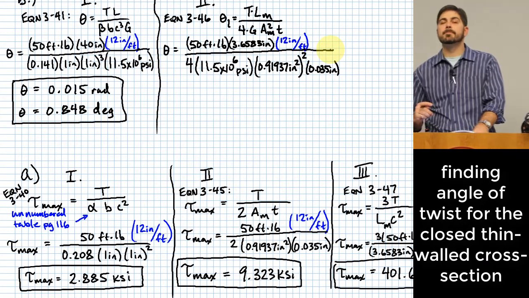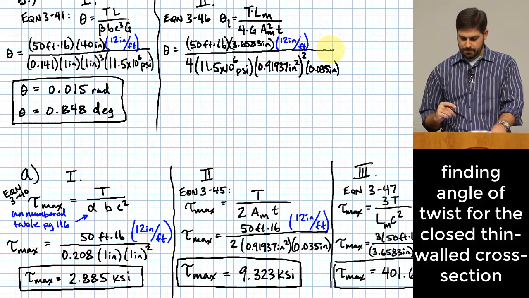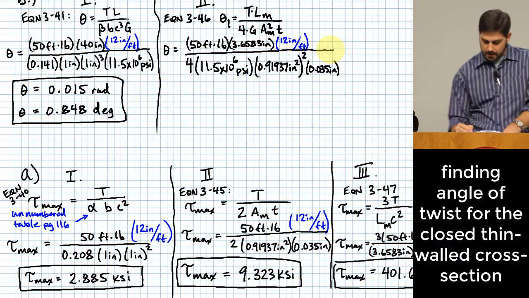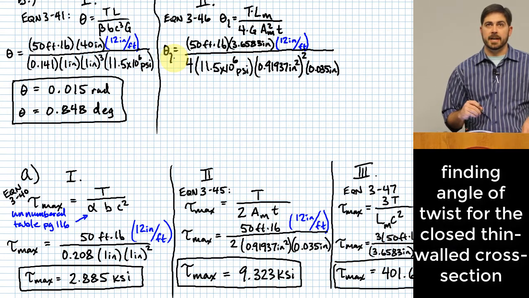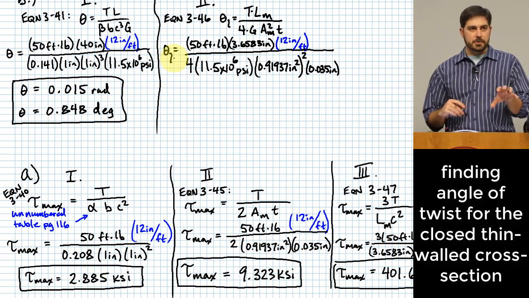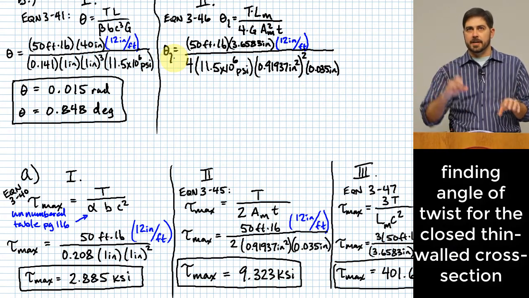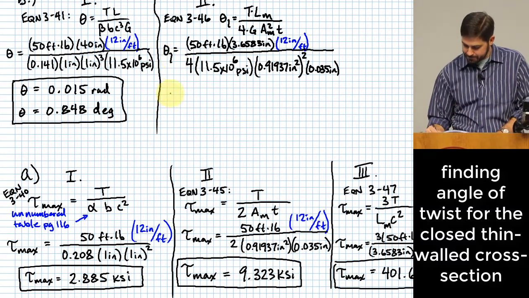Say one more time. Yeah, this is our per length, and I'm going to go ahead and calculate this angle of twist per unit length, and I'll do that in a subsequent step.